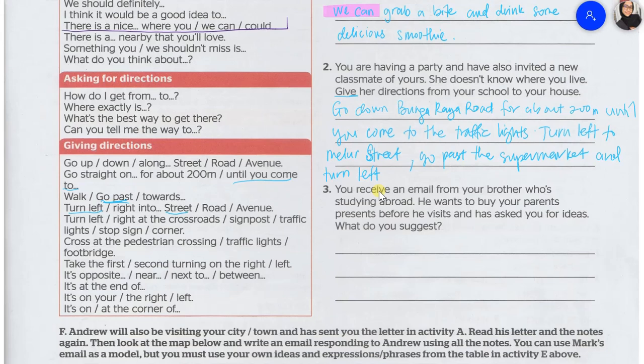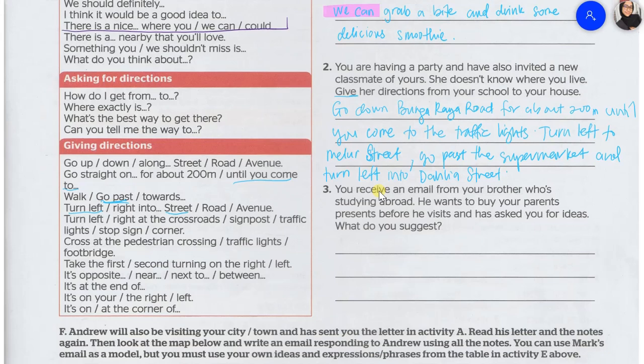Turn left into, what? Give me another street name. Into Dahlia Street. Okay, we are using all flower here.